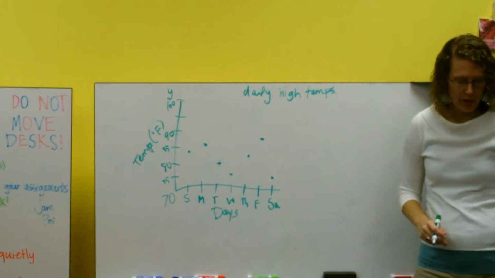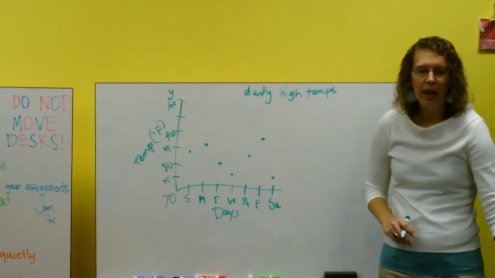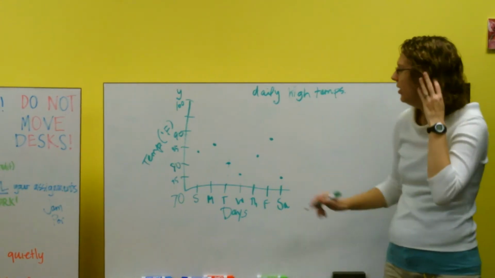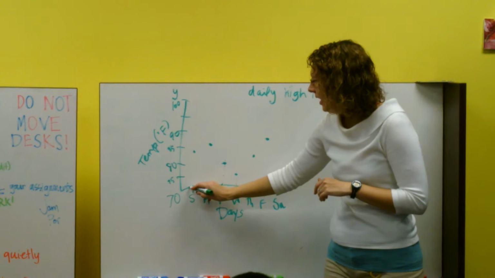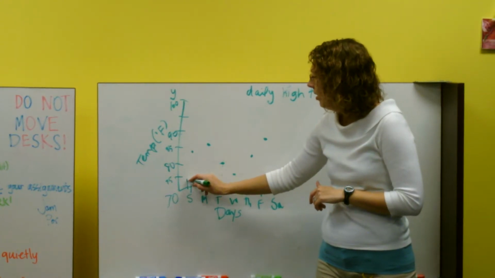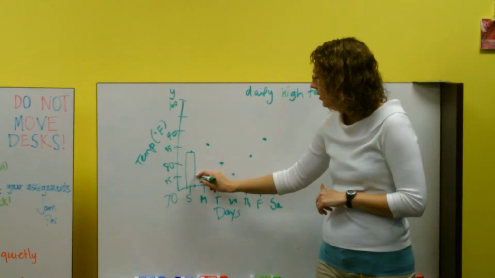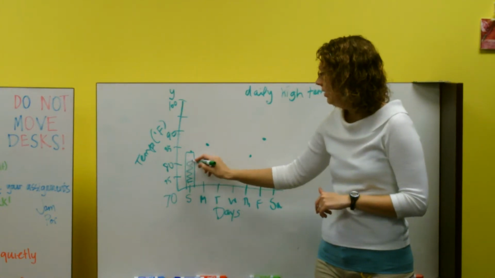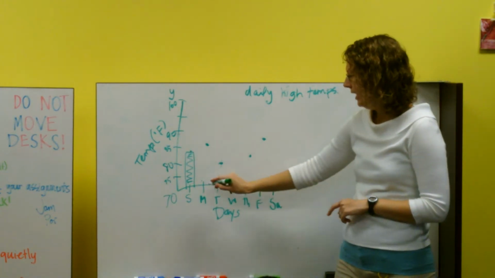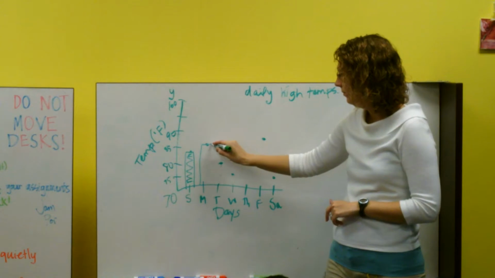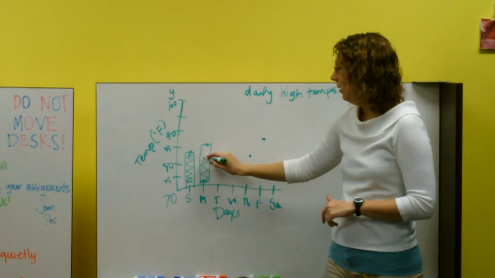And it tells us to make a bar graph and a broken line graph. Okay, so for your bar graph, you're going to take your pencil and fill in up to that dot for each little one. Fill in up to the dot.